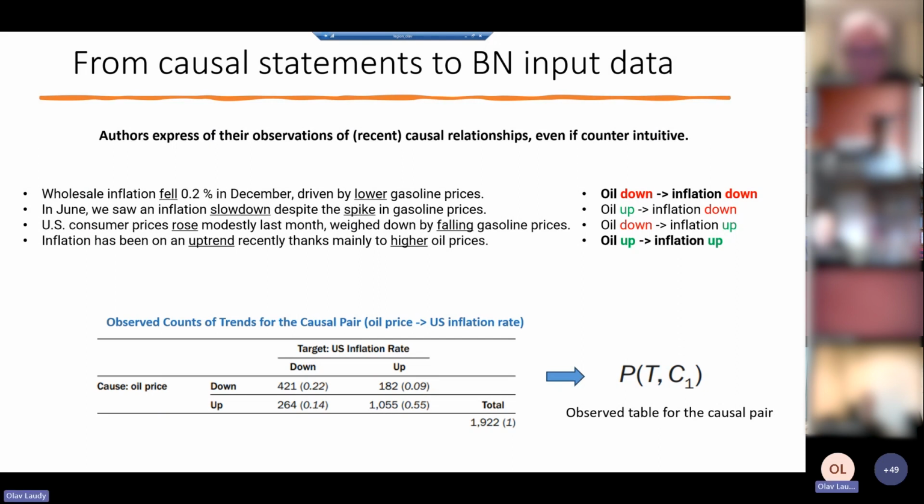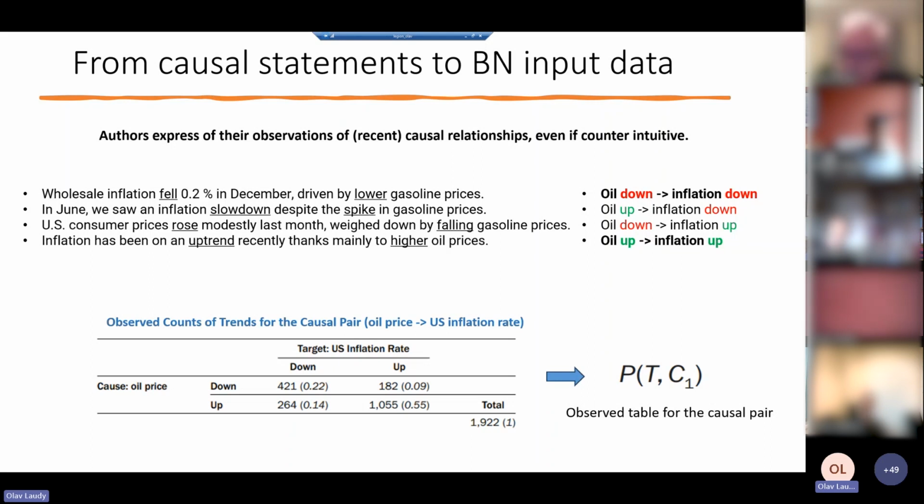Drivers up or down and targets up or down creates 4 possibilities, and we count how often each of those combinations occur. On the bottom, we see such a table, and obviously you see how the diagonal is more populated than the off-diagonal entries. However, the off-diagonal entries still receive quite some weight. If we were to collect this data at a later moment, you would get a slightly different ratio based on what authors believe is the current state of the relationship between oil and inflation.